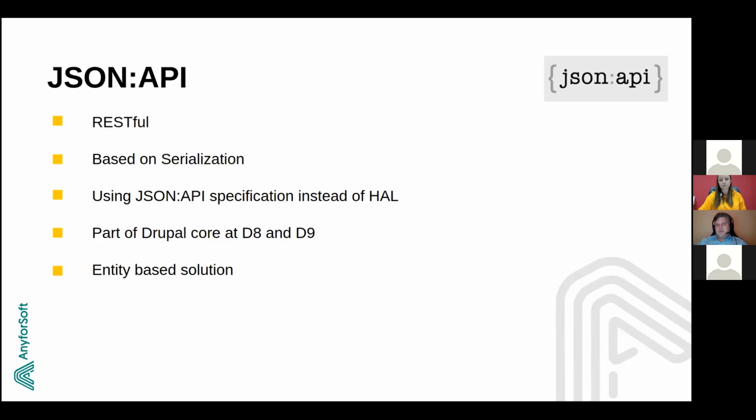What I actually mean is that when we are using JSON API, we have specific endpoints out of the box for each type of entity provided by Drupal: for nodes, for blocks, for users, for taxonomy, paragraphs, etc. So each entity available in the system will have a separate JSON API endpoint, and it could be queried without additional coding or additional operations on the backend side.